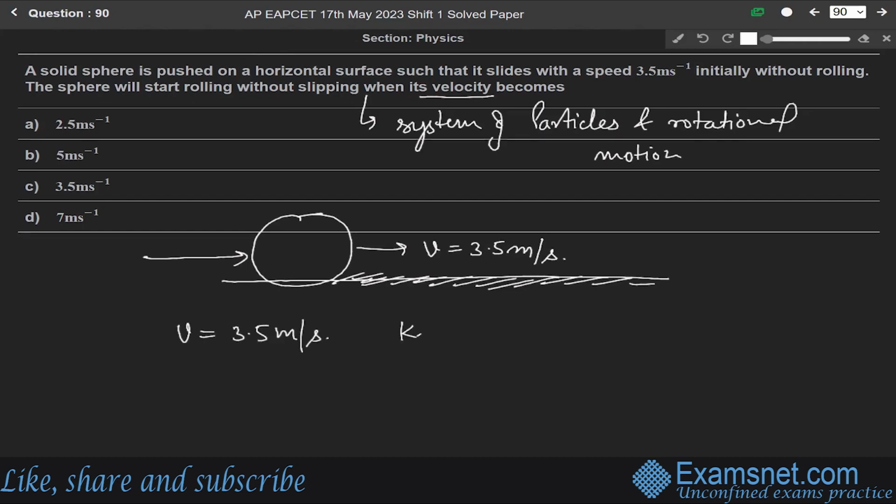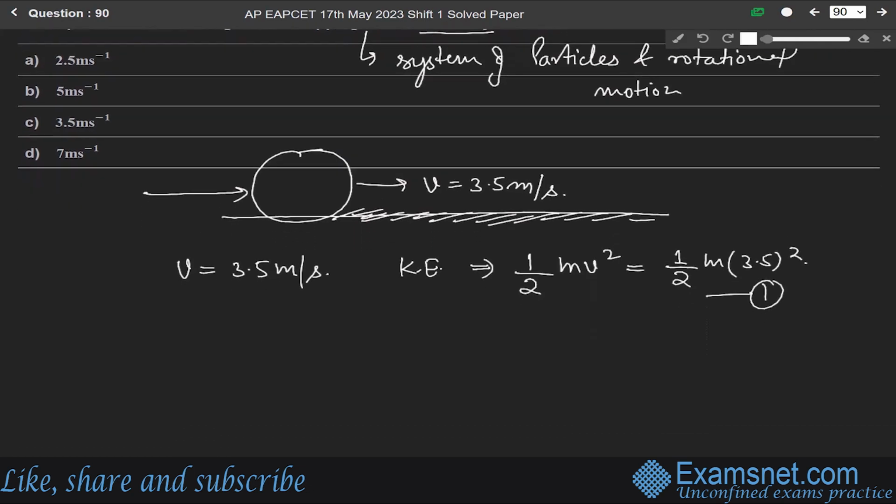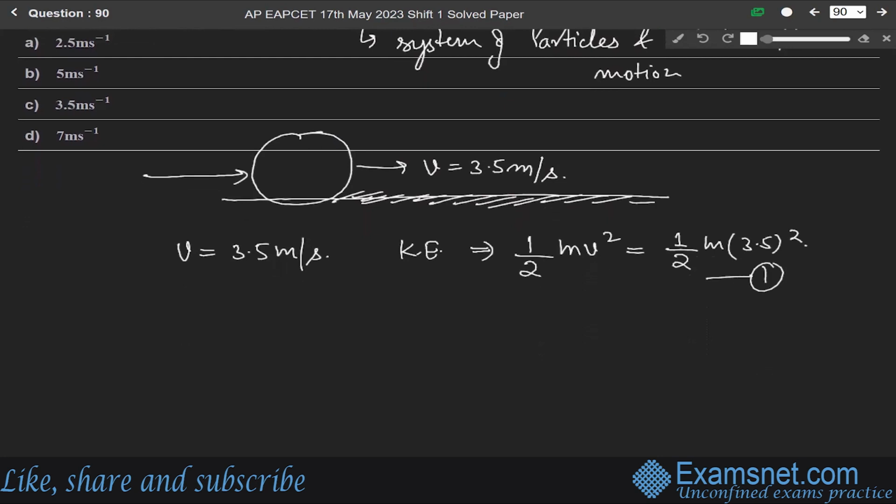At that time the kinetic energy with which it is sliding will be equal to half mv square, meaning 1 by 2 m into 3.5 whole square. Let us say this is equation 1. Now, when the sphere starts rolling without slipping, its kinetic energy will convert into rotational plus translational kinetic energy.